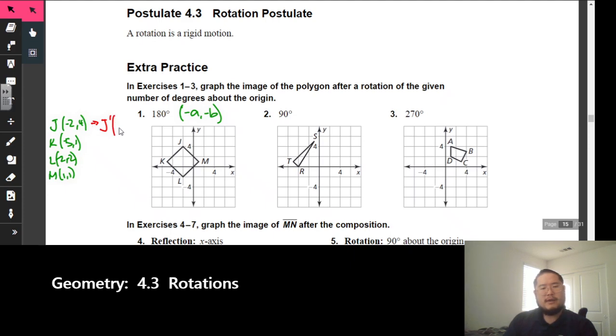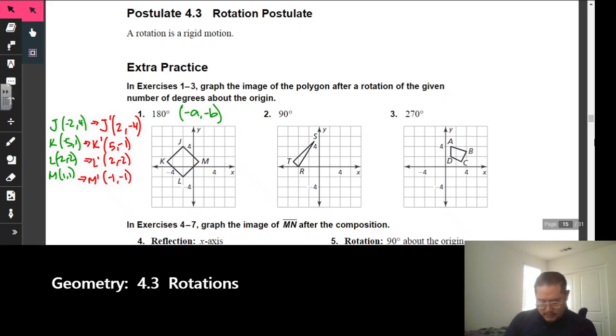We take the opposite of A, so the opposite of negative 2 is 2, and the opposite of 4 is negative 4. There is point J prime. K prime will be 5, negative 1. L prime is 2, negative 2. And M prime is negative 1, negative 1. And that is the rules and the points after the rotation.